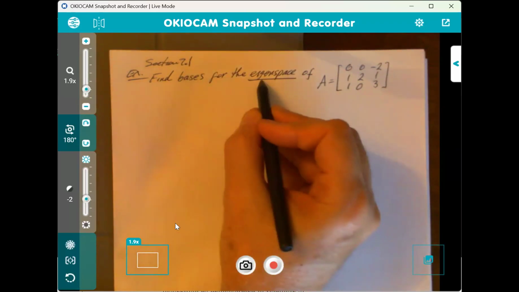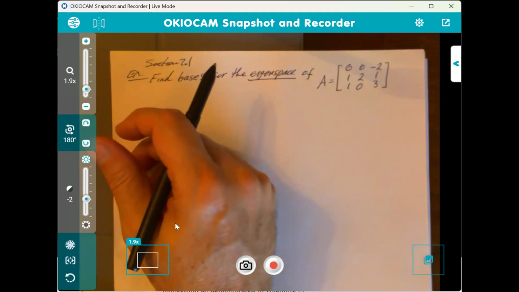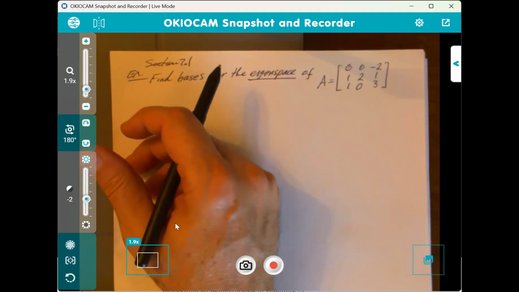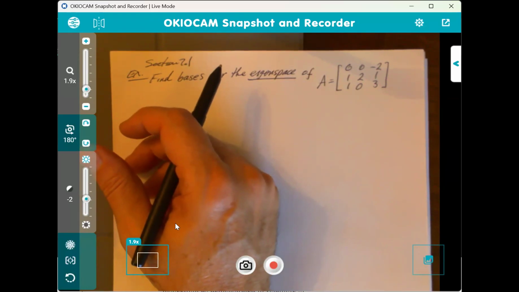This time, notice it's different. We want to find a basis for the eigenspace of A. We haven't done eigenspace yet, so that's what we're doing.